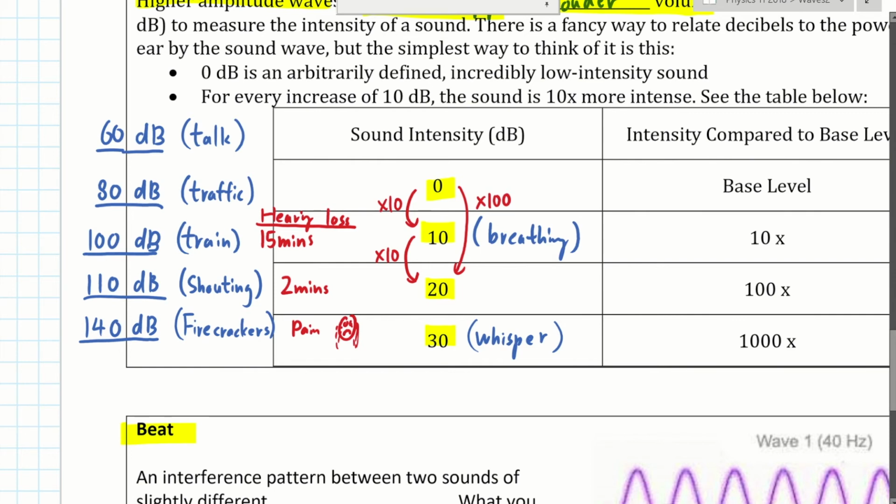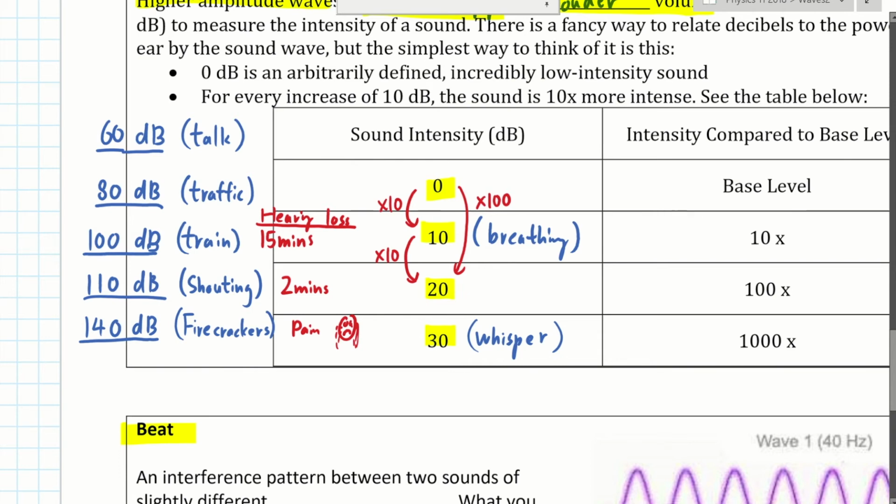A train passing by you is approximately 100 decibel. Shouting really loud could be 110 decibel. Now, the thing is, at around 100 decibel, your hearing will actually suffer damage.